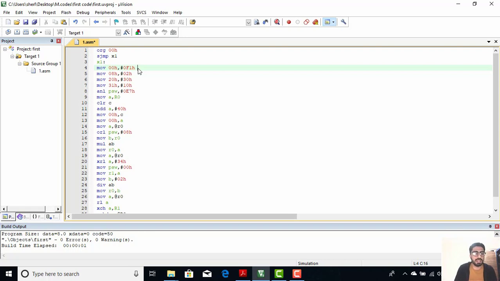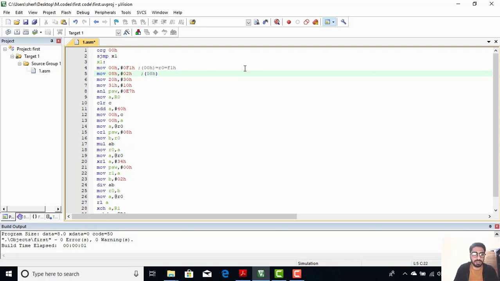The first, when we said move 00 hex, 0f1 hex, which means we are giving register 00 hex, which is register 0 of the bank 0, the value f1 hex.